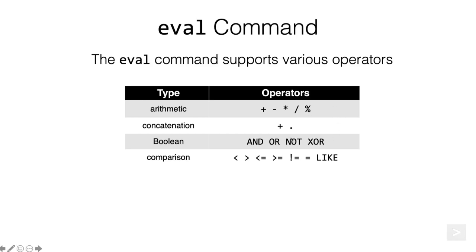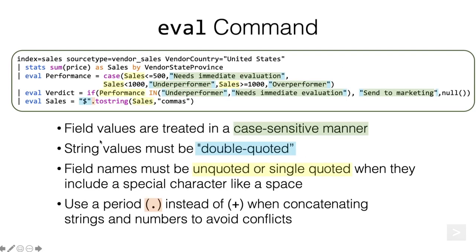The period operator concatenates both strings and numbers. Numbers are concatenated in their string represented form.